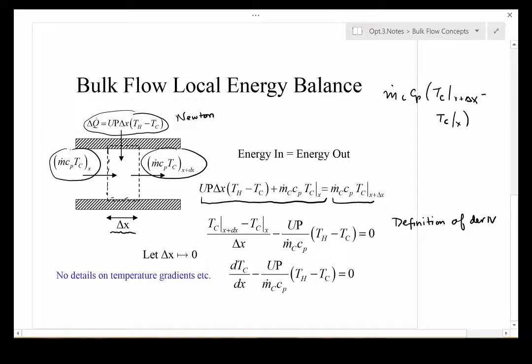When we divide through by delta x, this first term becomes, in the limiting process of delta x going to 0, dT_b/dx. The second term is not dependent on delta x, and we simply get the Newton's law of cooling term.